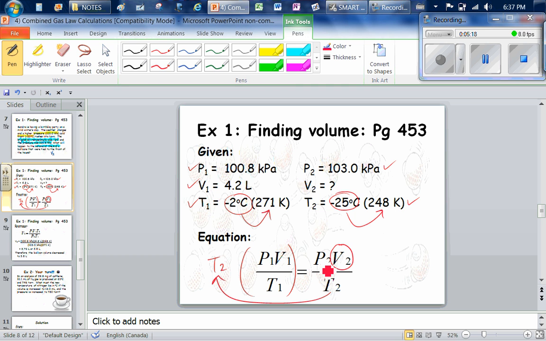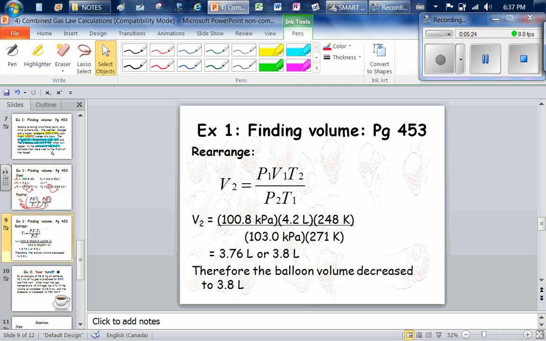So then if you're multiplying this, you're going to bring that over and you're going to be dividing by P2. So what the rearranged formula looks like is exactly that. You plug in your numbers and then you just do the math. So the balloon volume decreased to 3.8 liters.